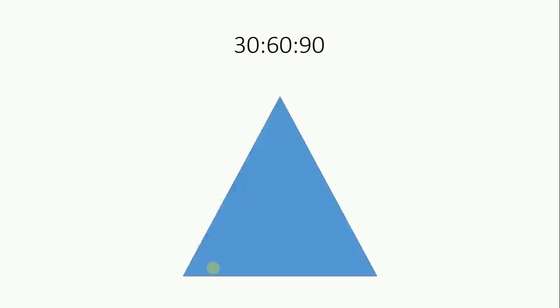Now, next step down on the right hand side, the second square, let's assume we have an equilateral triangle, which means all sides are equal, and we have angles of 60 degrees in each corner. Now, let's say I want to find the height of this equilateral triangle.